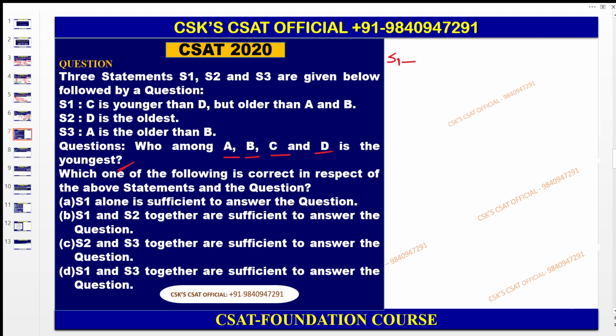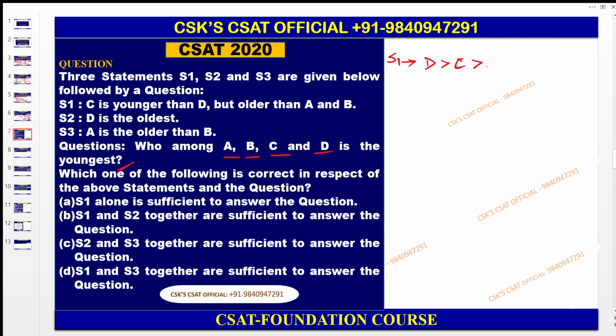Now with statement number 1, let us see. C is younger than D, which means that D is elder than C, but older than A and B. Now try to understand. But here there is no information whether A is older or younger or B is older or younger.